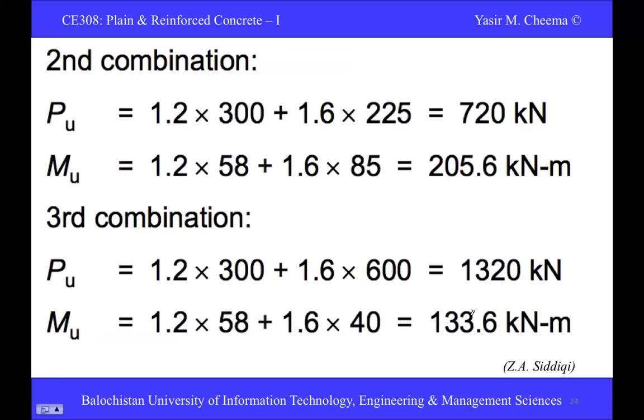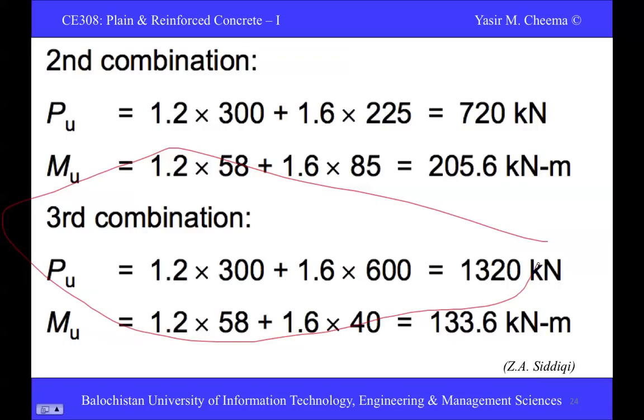So one thing is sure, we have to design for the maximum load, and the maximum load acting toward this column is 1320 kilonewton. If our section satisfies the third combination, then it can satisfy the other two combinations as well. So let's move with the third combination and go for the design.